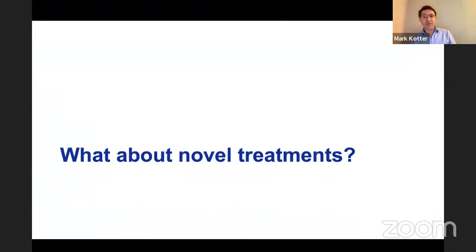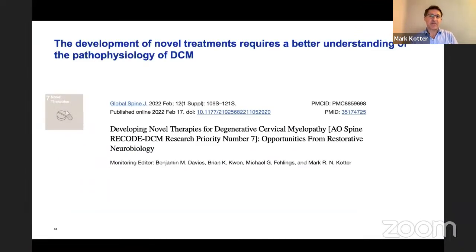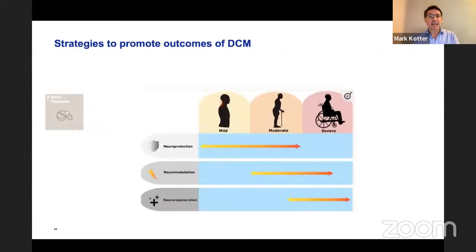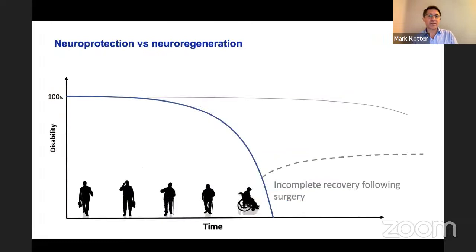Now, beyond surgery, what are the novel treatments that are on the horizon? And of course, that is a research priority also in that the patients and the Recode project has formulated. We've reviewed this, and really you can classify three different approaches: neuroprotective approaches, neuromodulation, and neuroregeneration. And just what's the difference?